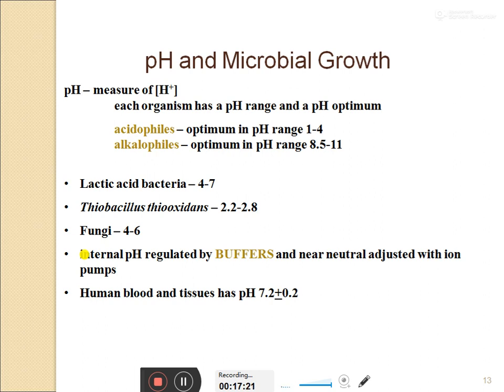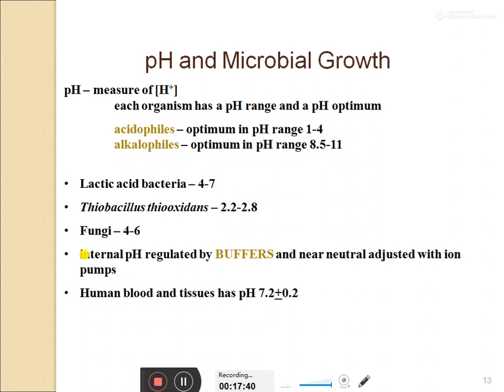The bacteria which can grow or survive in the presence of acids are called acidophiles, whereas the bacteria which can grow or survive at higher pH are called alkalophiles. The optimum pH for acidophiles is 1 to 4, whereas the optimum pH for alkalophiles is 8.5 to 11.